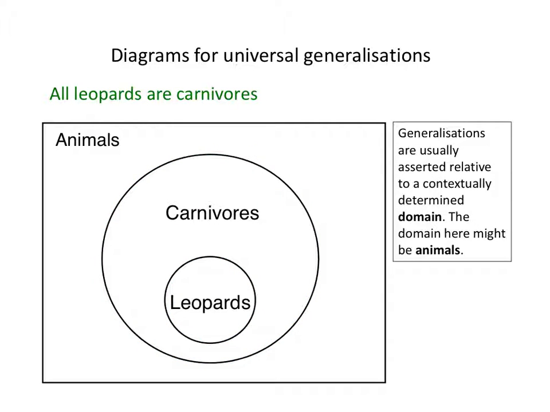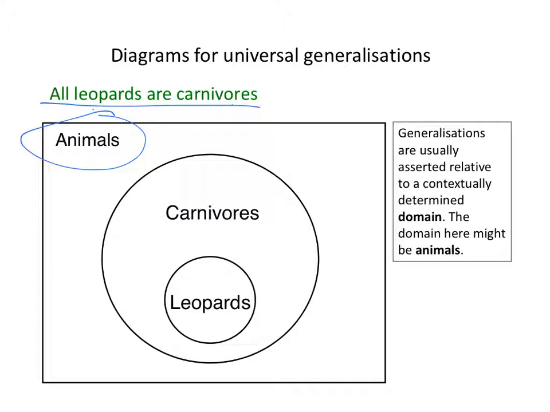When people make a generalisation like this, all leopards are carnivores, they usually have in mind what you might call the domain of the generalisation, which is the wider category that both leopards and carnivores fit into. In this case, it would probably be animals. So you can read this claim as saying, amongst the animals, all the leopards are carnivores.